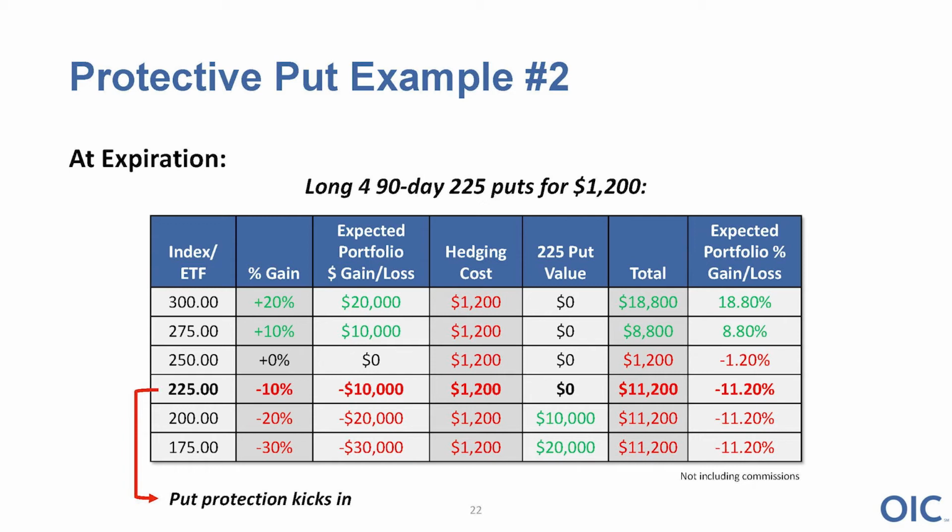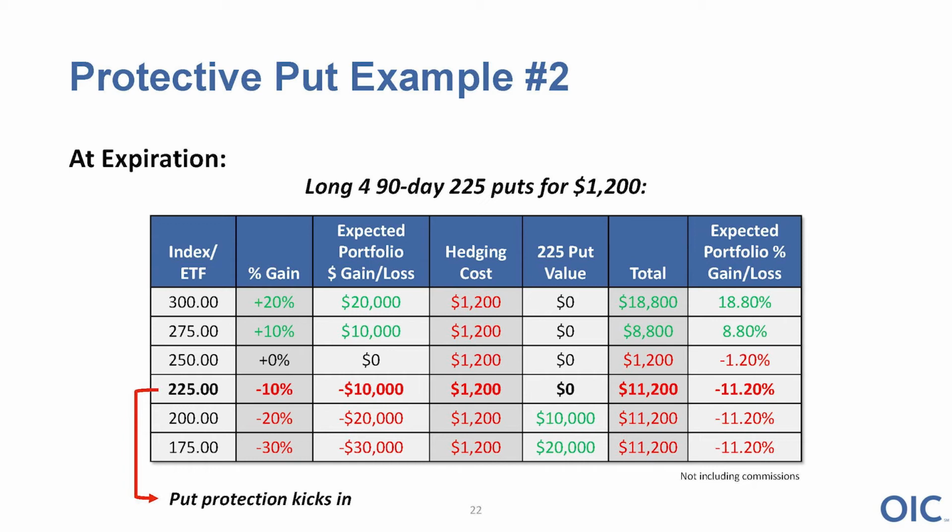But if the index goes up by 10%, our portfolio should gain 10%, or we should make $10,000 on our portfolio. We would lose $1,200 on our puts for a net profit of $8,800. So as you can see, we participate in the upside.